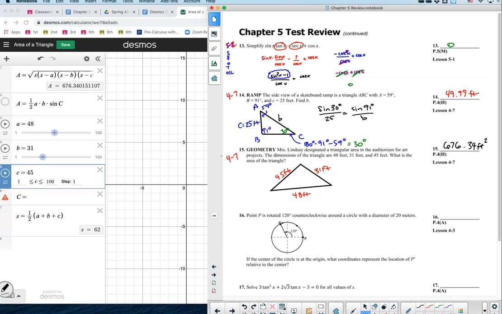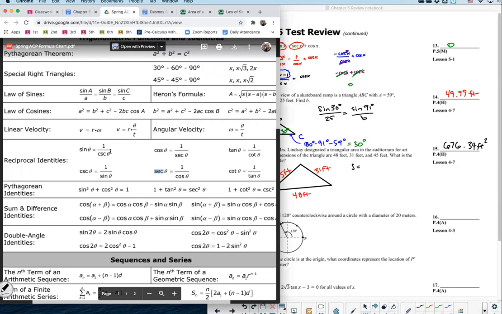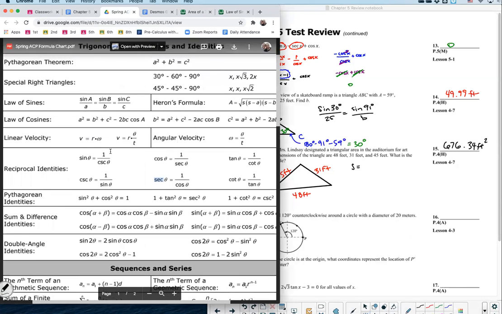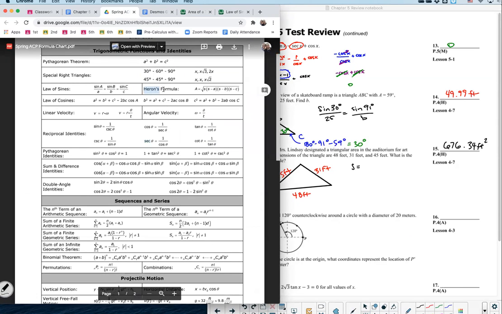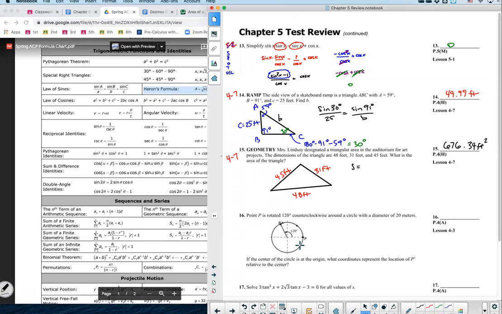So Heron's formula, the way it works is you first have to calculate half the perimeter. They use a lowercase s for this. I think this is also in the formula chart. Heron's formula. Zoom out a little bit. There it is right here. So there's Heron's formula, where s is half the perimeter. So you would first have to calculate that. So you'd go 45 plus 31 plus 48.